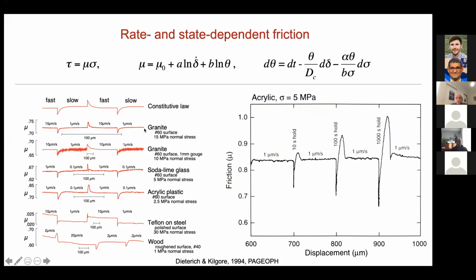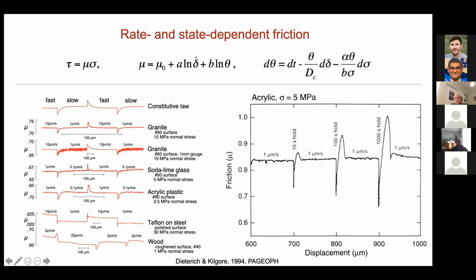It seems that most materials that have non-polished surfaces, kind of rough surfaces, or gouge, here's granite with gouge, have these rate and state effects.